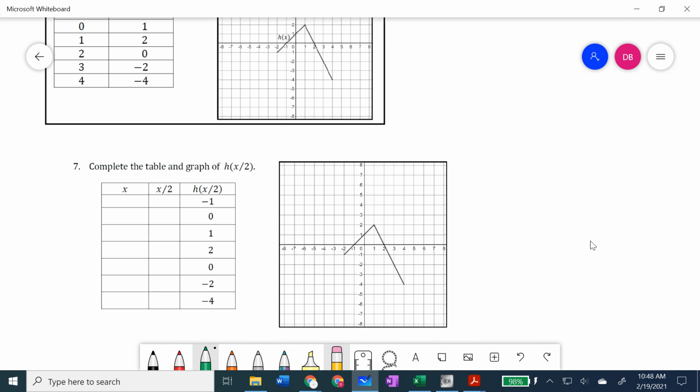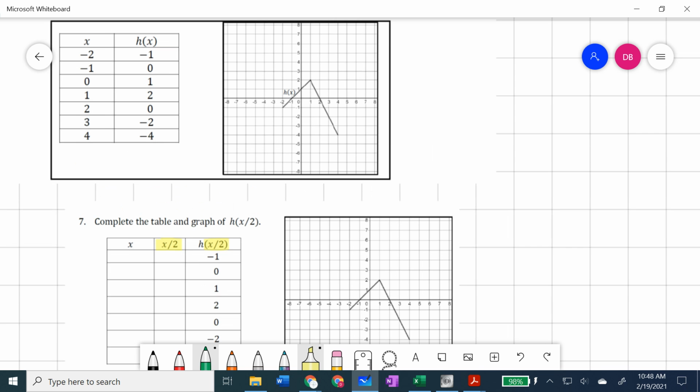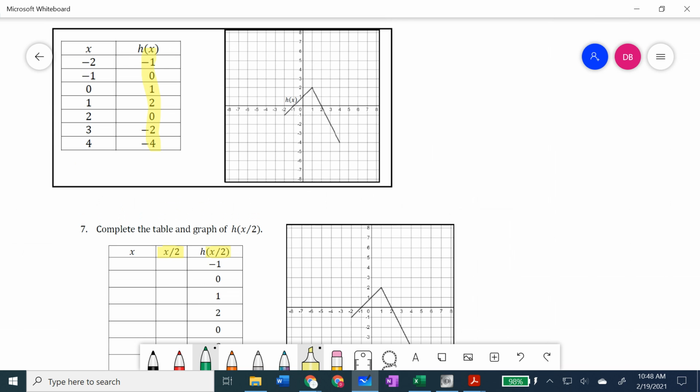We're going to do the same thing that we just did with this one. Whatever goes into the h function to give me these values, who goes in needs to be this column.